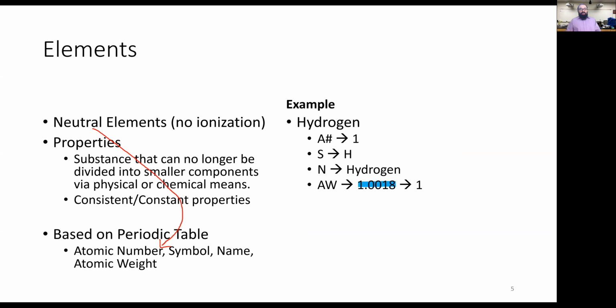Okay, and so you always round to the closest integer. So let me add that in there. So if it was like 25.321 or something like that, it's just 25. Okay, you don't really need to know that much detail.